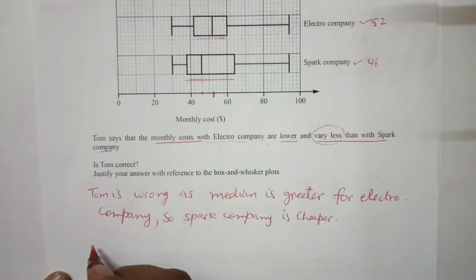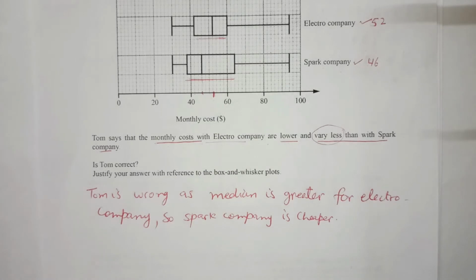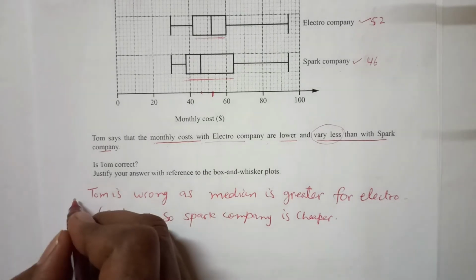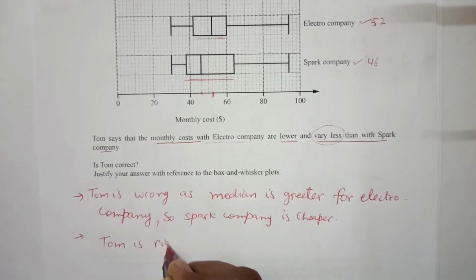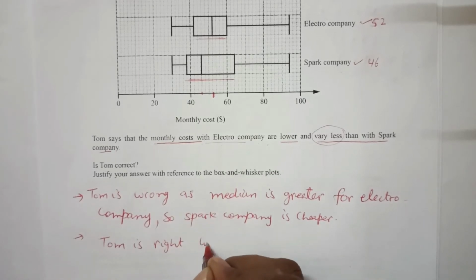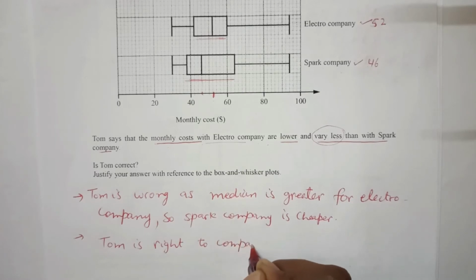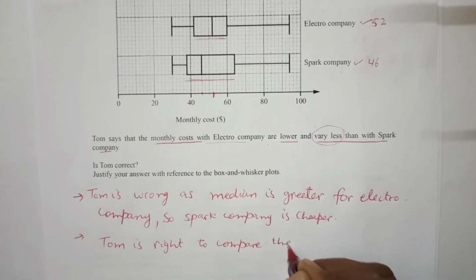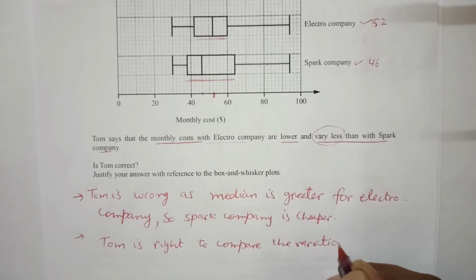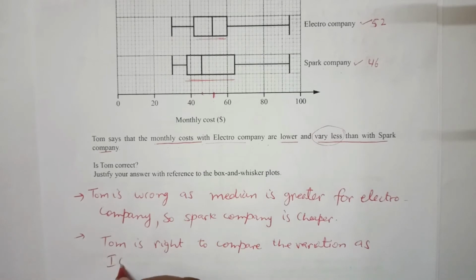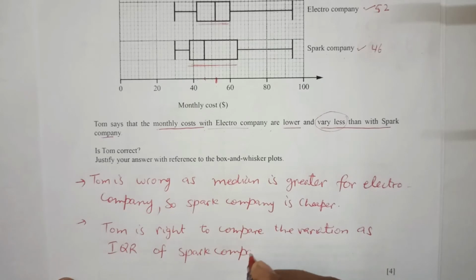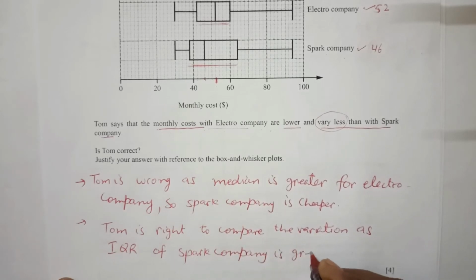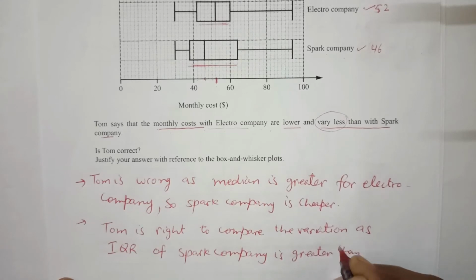So we can say that Tom is right here, to compare the variation, as the interquartile range of Spark company is greater than Electro company.